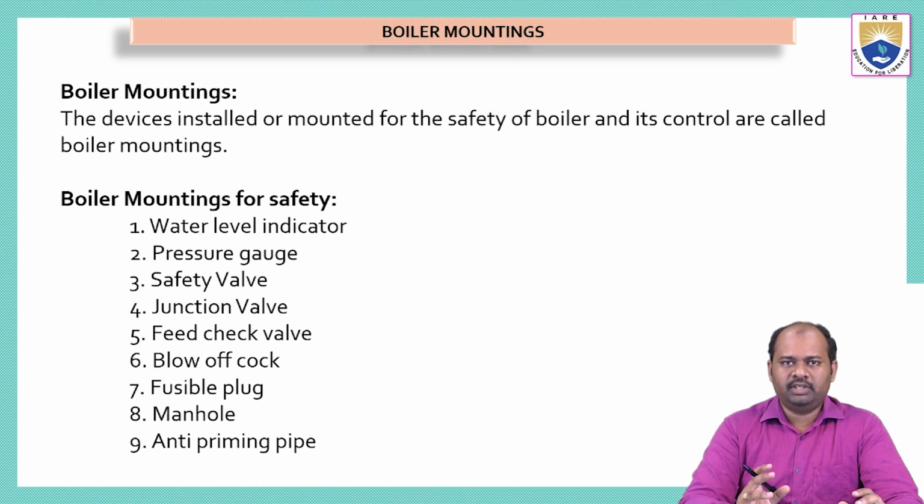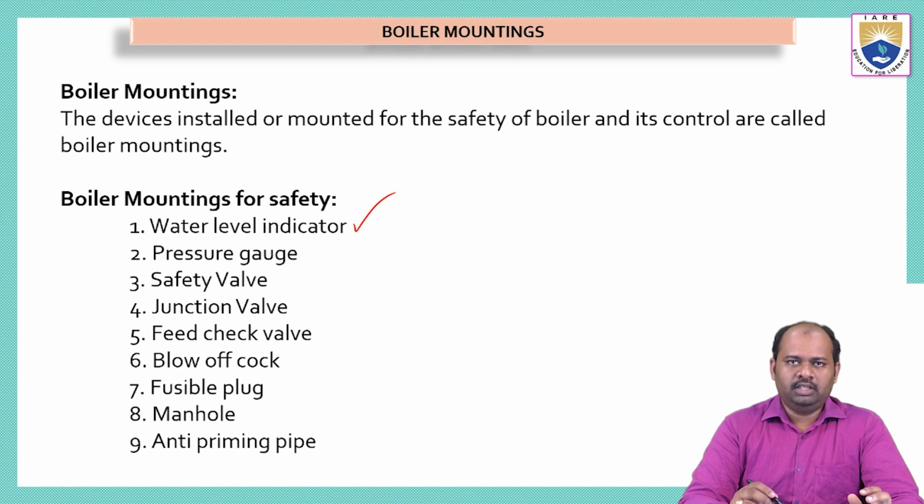These devices mounted on the surface of the boiler are responsible for its correct functioning. Now let us see the different types of boiler mountings available and the function of each of them. The first one is the water level indicator.